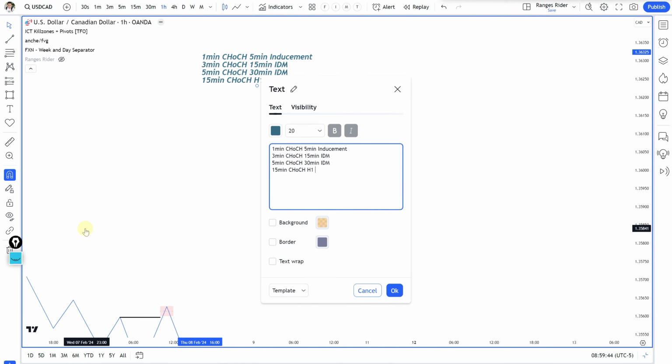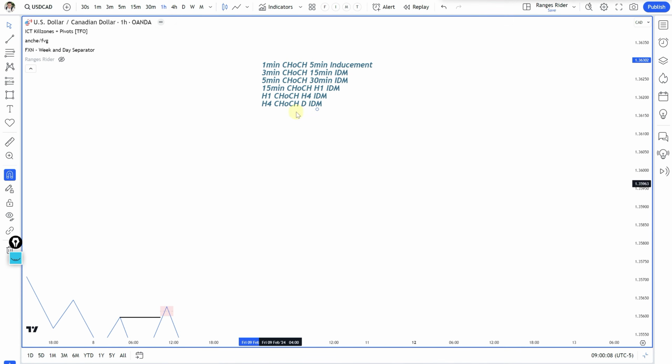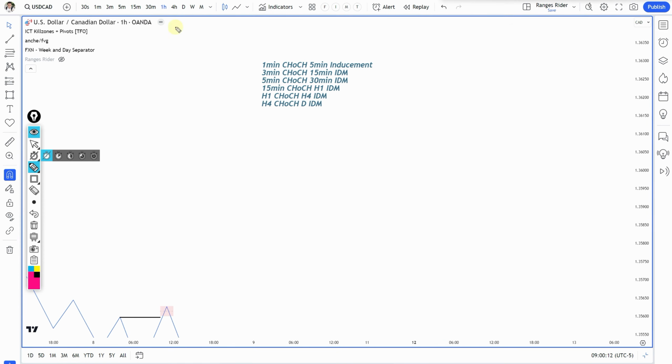H1 inducement. And H1 change of character is H4 inducement, and H4 change of character is daily inducement, and so forth, like this. And on the daily it will be the weekly. So we are here on the M15 and H1.